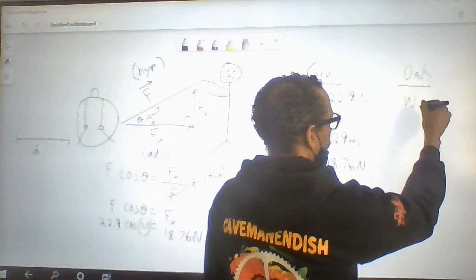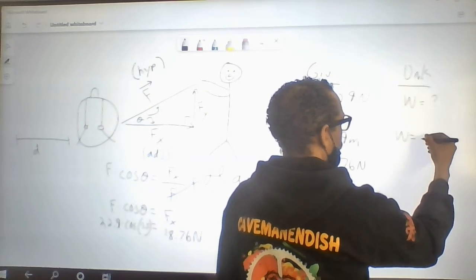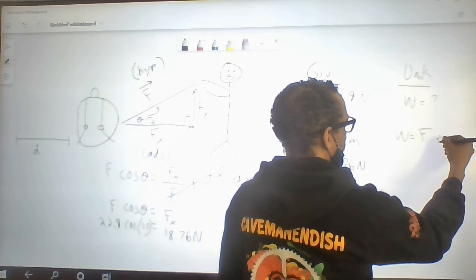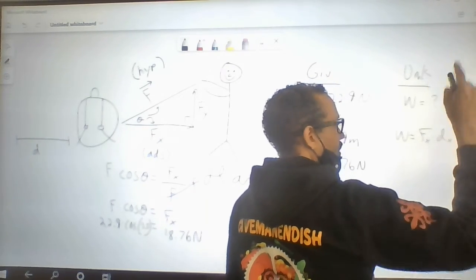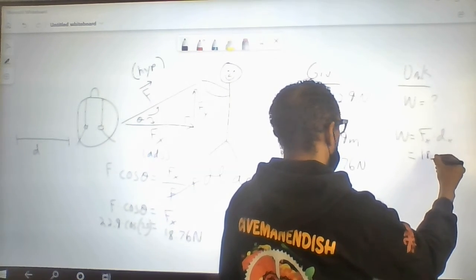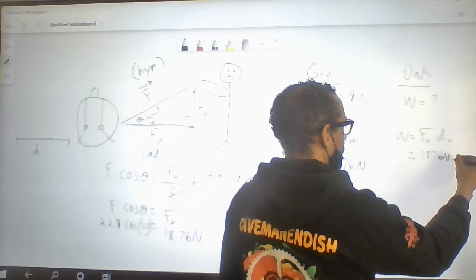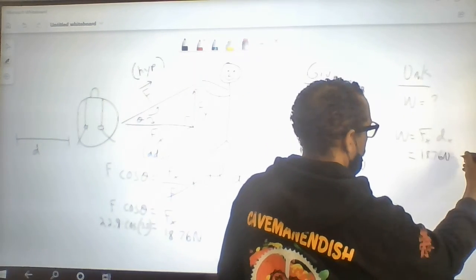All right, and then when we look at the work equation, work is just going to be equal to force times distance, and in this case, we're only working in the x direction. We didn't have any y travel, so my force in the x direction is 18.76 newtons times my distance traveled, which is 129 meters.